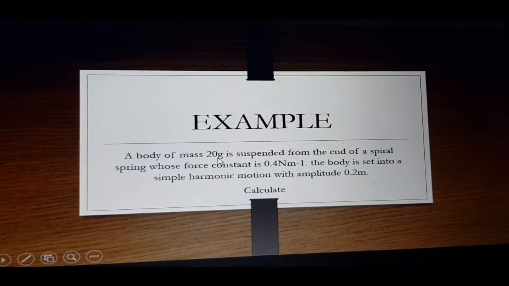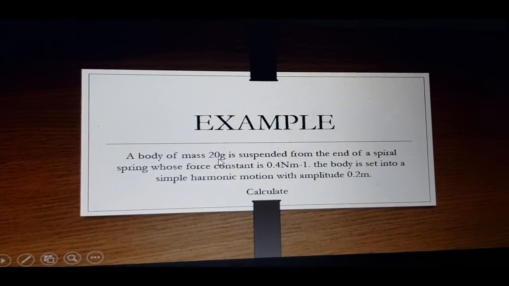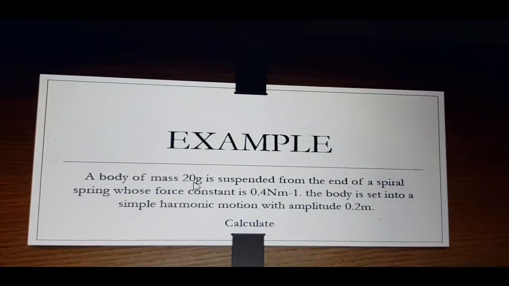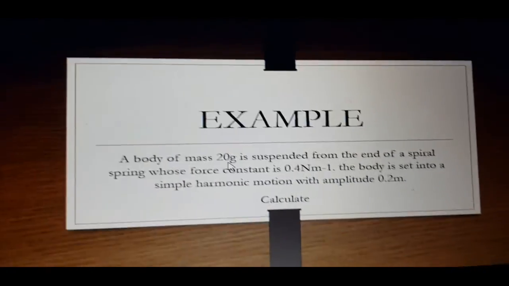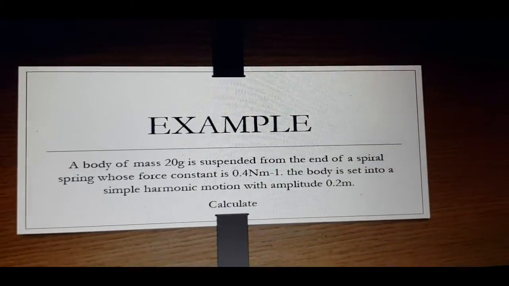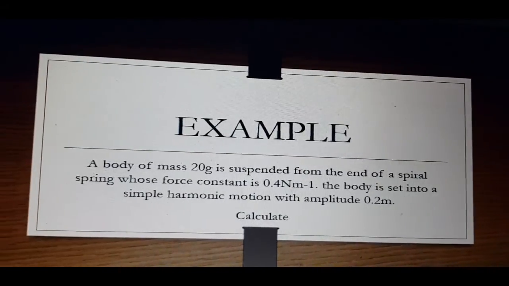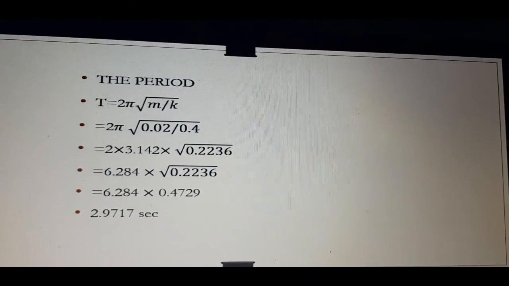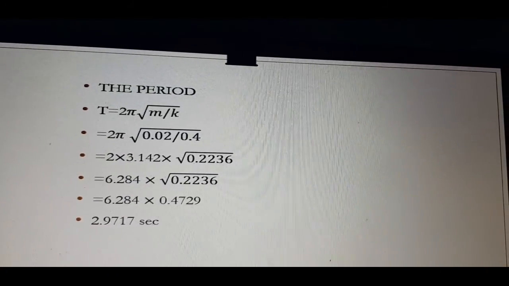But you see, the M here is 20 grams, so we have to convert it into kilograms. To convert it into kilograms, we have to divide it by 1000. When we divide by 1000, it will give us 0.02.